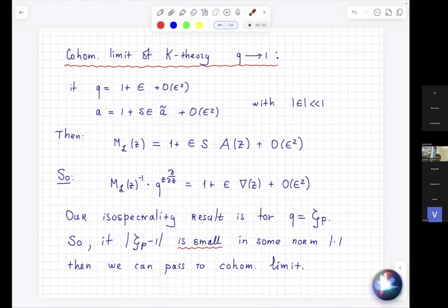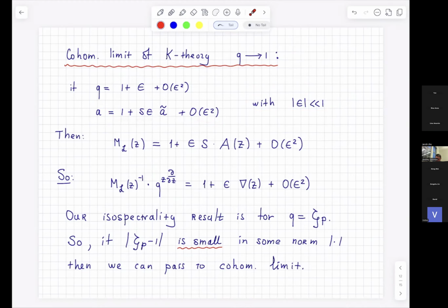You say that Q is very close to 1, so Q is equal to 1 plus some small parameter epsilon plus maybe some higher degrees in epsilon, and epsilon is a very small, say, complex number. You can also do the same thing for all equivariant parameters you have. So if you have an equivariant parameter A, you replace it by a similar expansion.